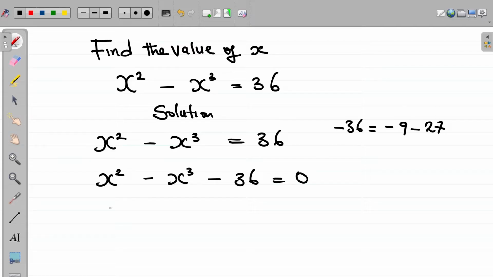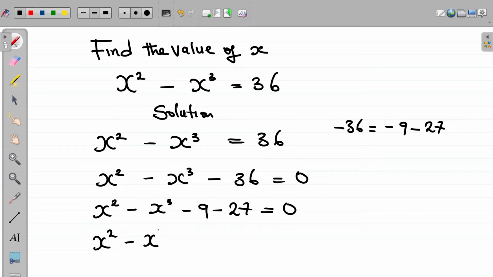So therefore, this equation becomes x squared minus x cubed minus 9 minus 27 equal to 0. So we have x squared minus x cubed minus, we can express 9 as 3 squared minus, and express 27 as 3 cubed, equal to 0.